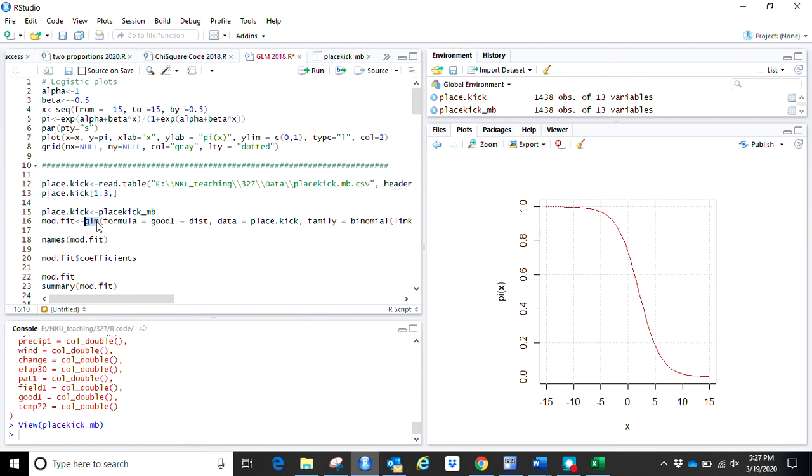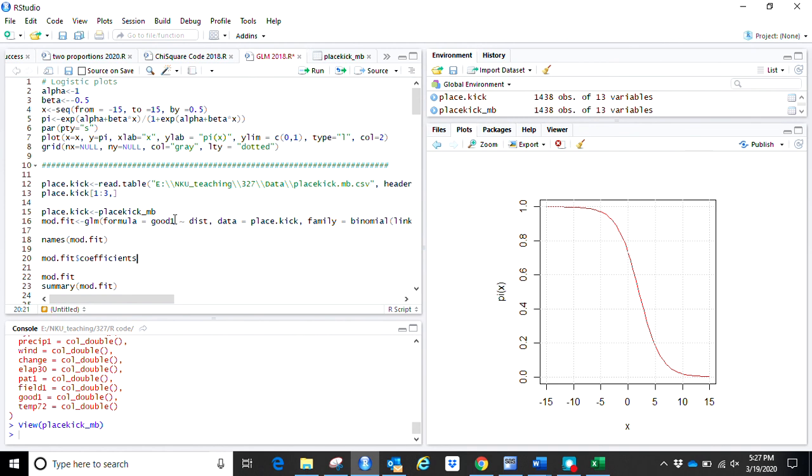So one of the first things I have to give it is my formula. My formula is going to be good1 is my y, and then the tilde is what separates our y from our x, so you have to use that tilde for this to work.